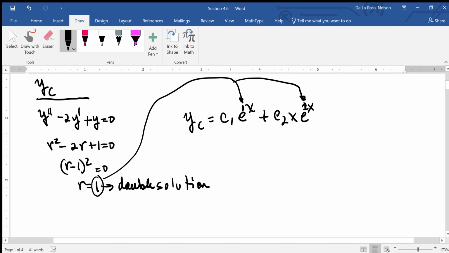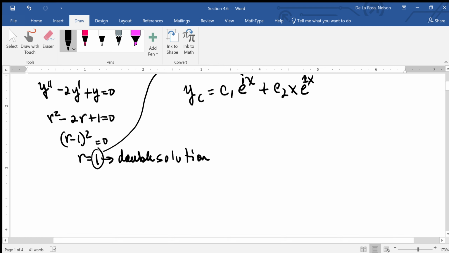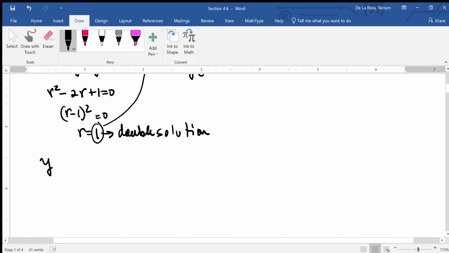Now it is time to find the particular solution. The particular solution is determined by the right portion of the equation, which is x to the negative 2 e to the x.